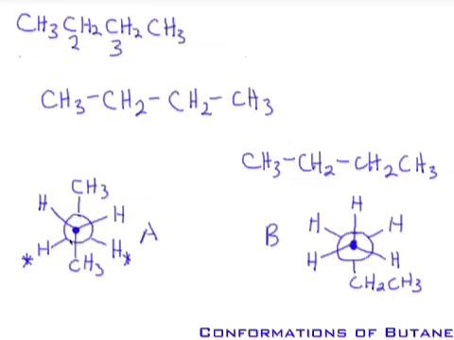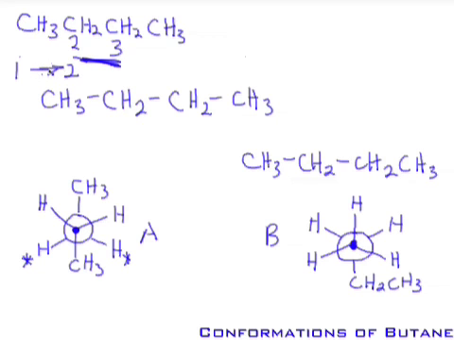So although the Newmans make them look different, you must recognize that the molecules are shown to be the same when you take the time to draw them out. Now, you must remember that although these are structures of the same molecule, they are different conformational structures. In A, we're looking down the carbon 2-3 bond. In B, we're looking down the carbon 1-2 bond.